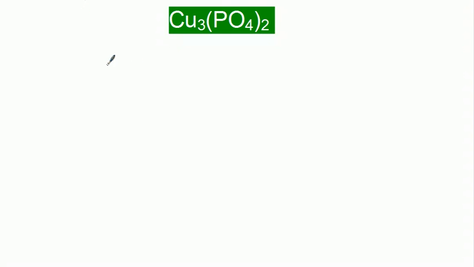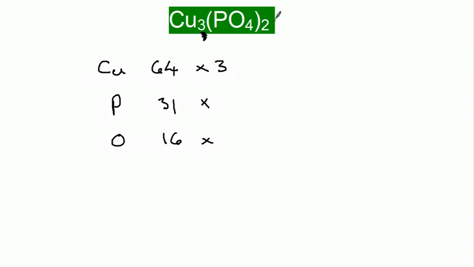Ooh, this is getting interesting now. Again, you just write down all of the elements that you see. So I've got copper, phosphorus, oxygen. The atomic mass of copper is 64. Phosphorus is 31. Oxygen is 16. I have 3 coppers. Again, I've got my brackets here, and I've got a 2 outside. So it's 2 of everything inside. So I've got 2 lots of phosphorus.